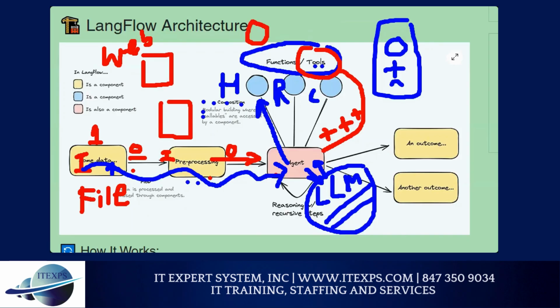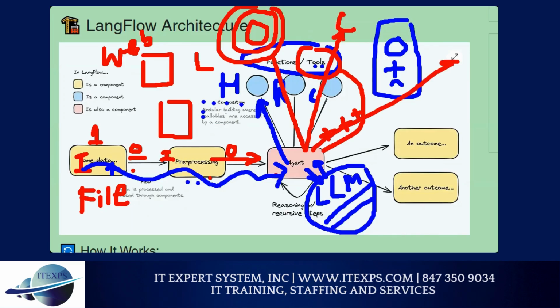A tool can be a web service. A tool can be a container. It can be anything, as long as that tool is accessible by this agent. It can be a local installation, meaning your laptop, or a company installation, which is just like a URL, google.com, or it can be a cloud installation. It doesn't matter. The LLM will make a call and try to get that work done.